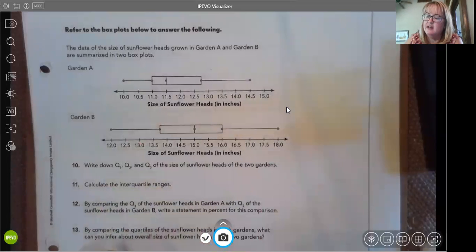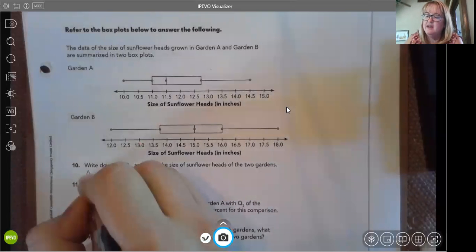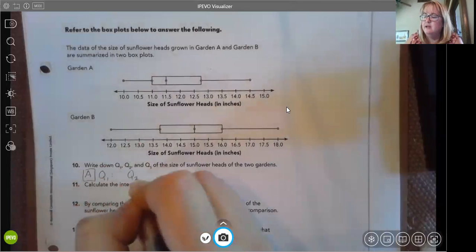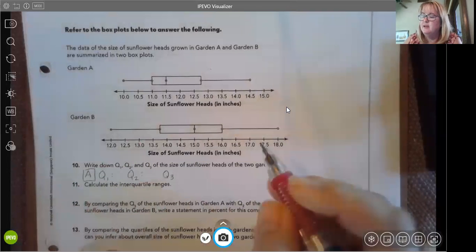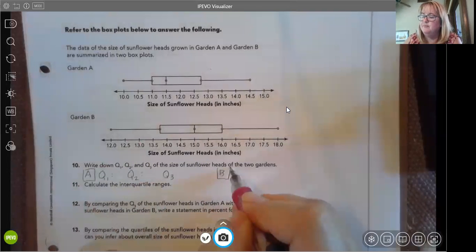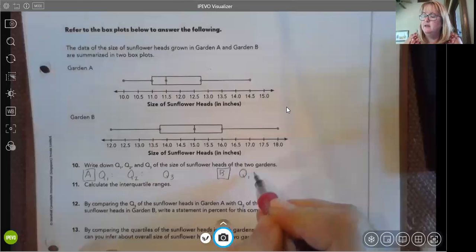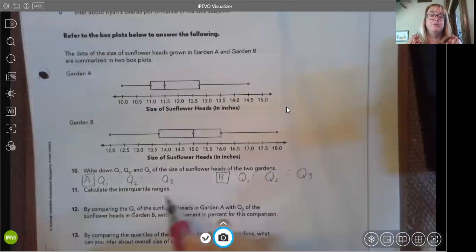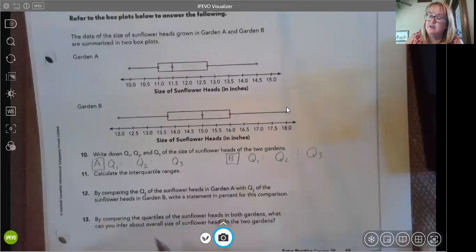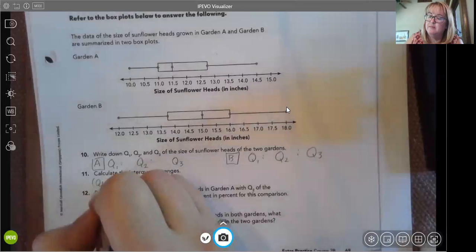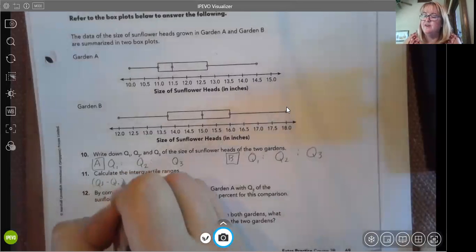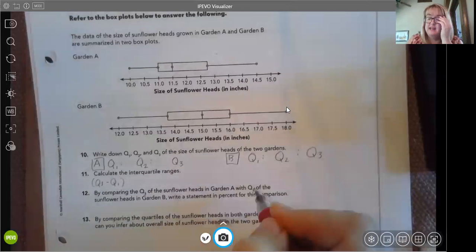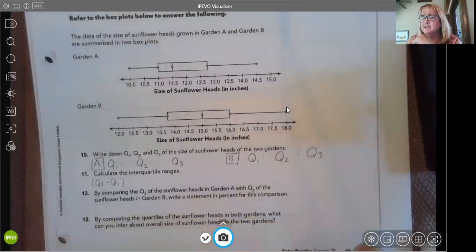So I would write A for Garden A, and then write what Q1, Q2, and Q3 are, and then do the same thing for B: Q1, Q2, Q3. And then calculate the interquartile ranges. Again, that is Q3 minus Q1. So find the IQR for A and find the IQR for B. And then answer 12 and 13 to the best of your ability.